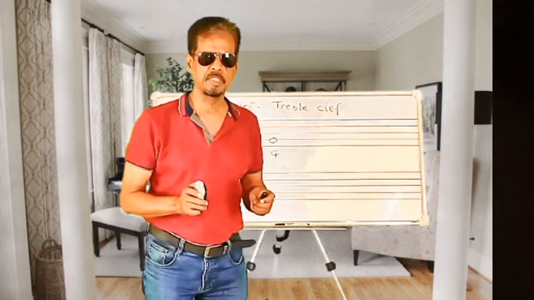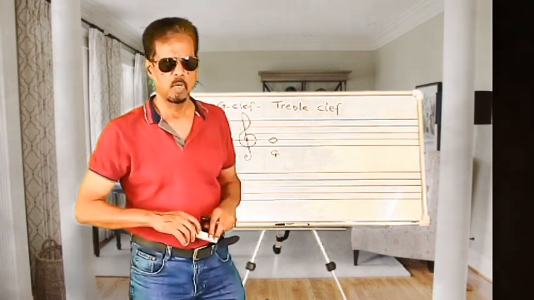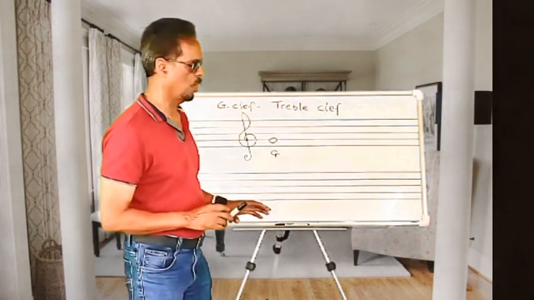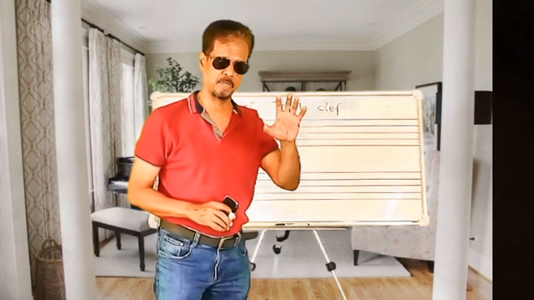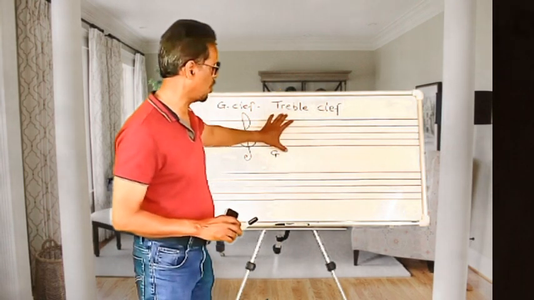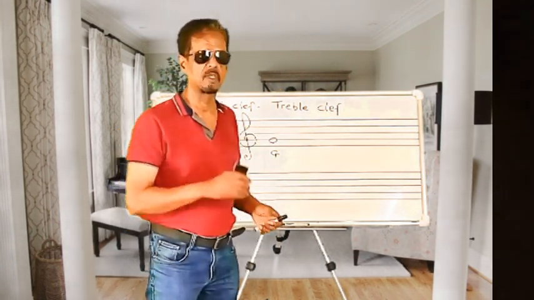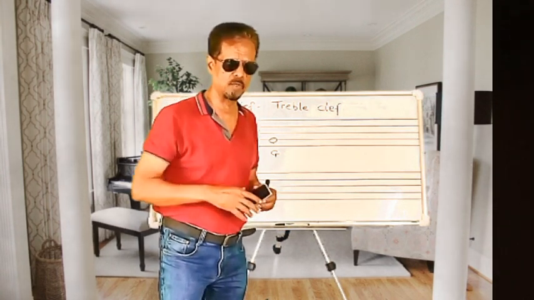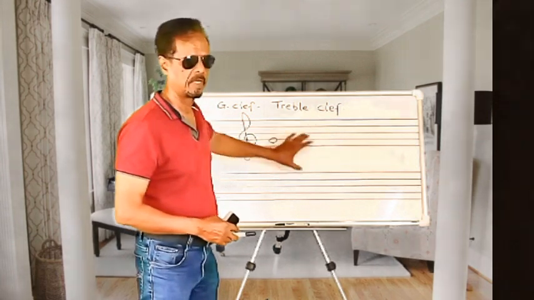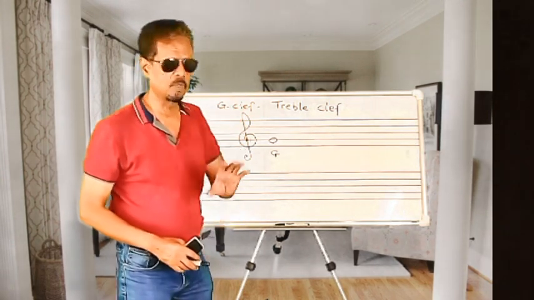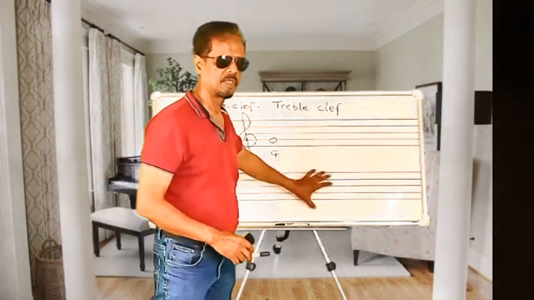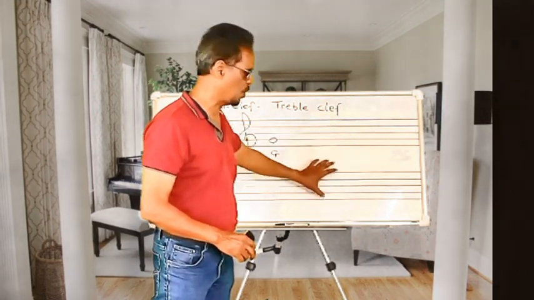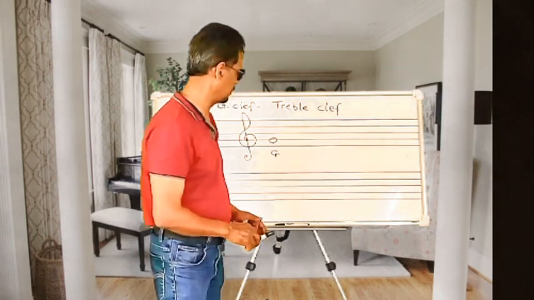As far as instruments are concerned, for all instruments, with the exception of the piano and the keyboard, we use only one staff to write the music. To write the music for any instrument, we use only one staff. And for the piano, we use two staffs. One to be played by the right hand and one to be played by the left hand.